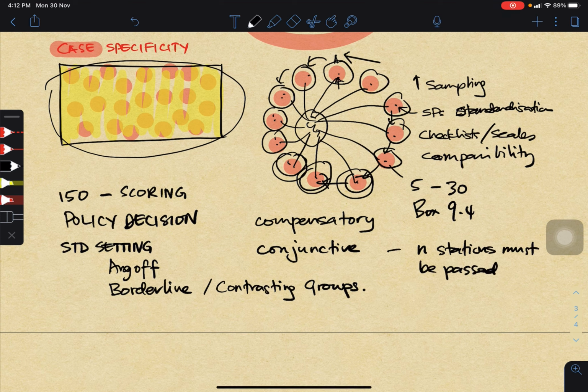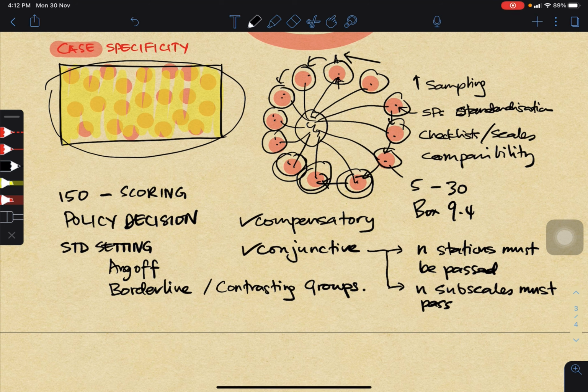Or two or more subscales must be passed. N subscales must pass, and things like that. So this is considered as the conjunctive approach to scoring OSCEs. Okay, so you can have a compensatory approach or a conjunctive approach.